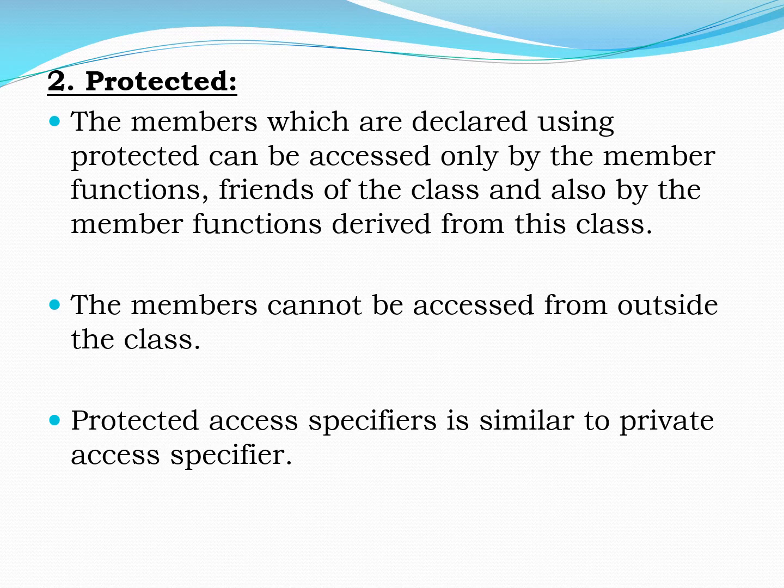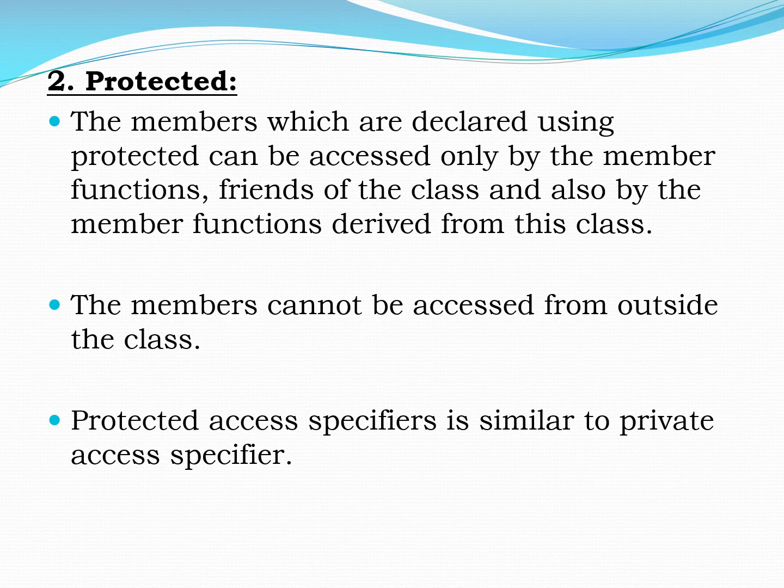Protected. The protected access specifier acts like private. The members declared using protected can be accessed only by the member functions and friends of a class, and also by the member functions of classes derived from this class. We can also call that a subclass. The member cannot be accessed from outside the class.